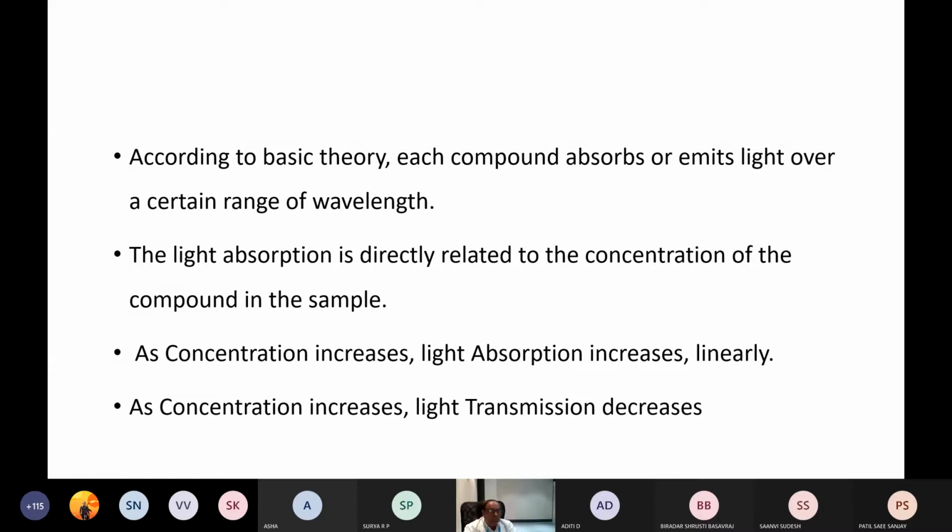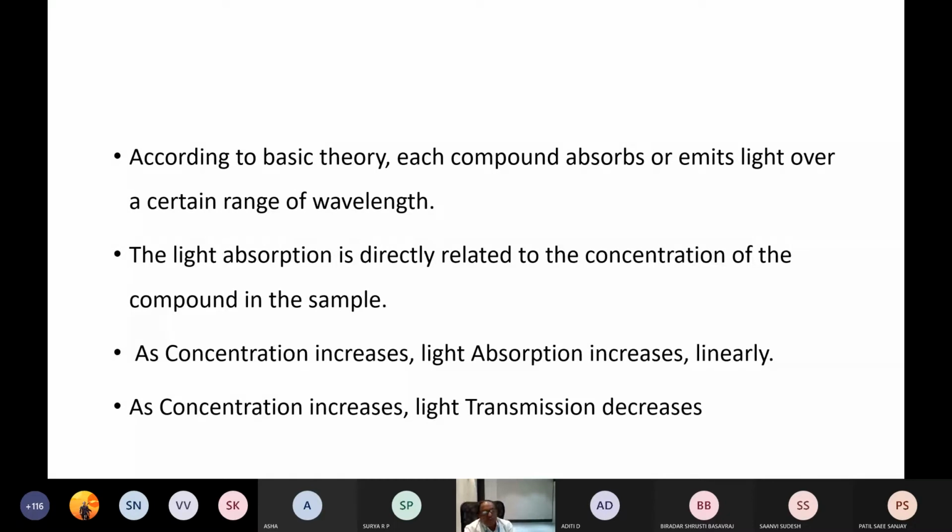So the advantage of the spectrophotometer over the colorimeter is that it has a wide range of absorption. The basic thing is that as the concentration increases, light absorption increases.